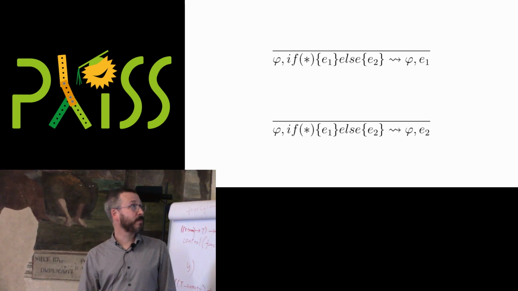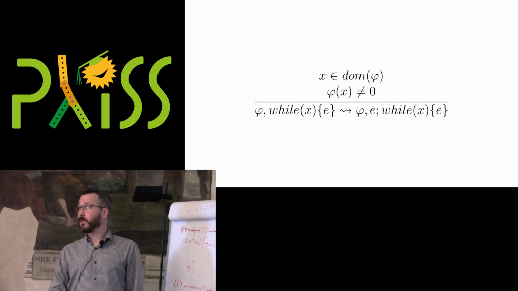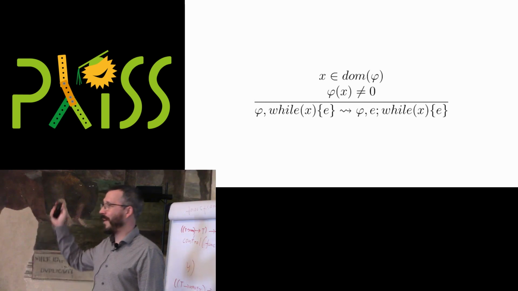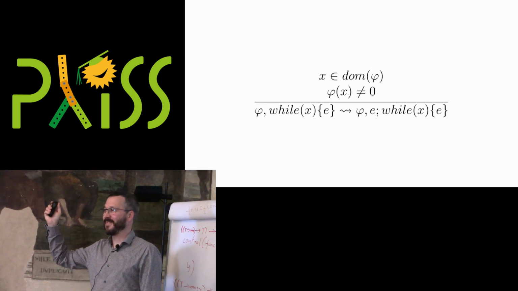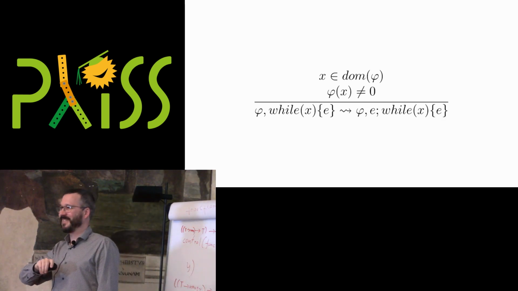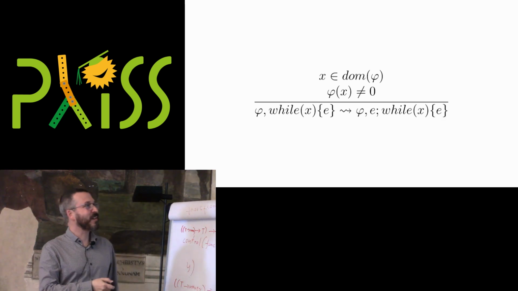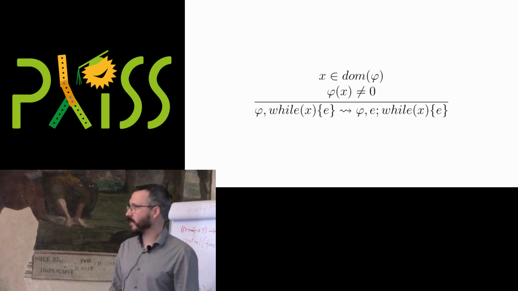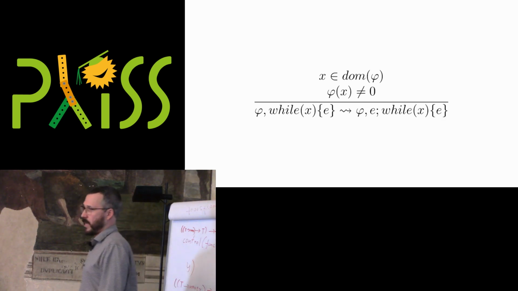OK, so loops. All right. Anyone want to talk through this loop? Anyone want to have a go? You've seen conditional, so it can't be that bad. All right, I'll have a go. So we're going to do while x e. As long as x holds true, we're going to run e.